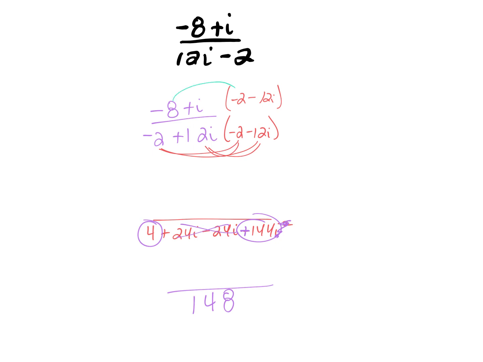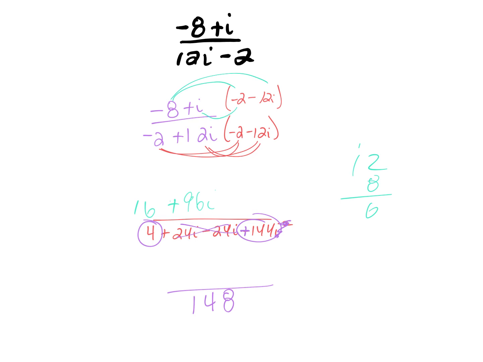-8 times -2 is 16. -8 times -12, 12 times 8, 96. Yep, 96. Okay. Positive or negative? -8 times a -12i is going to give me positive 96i.